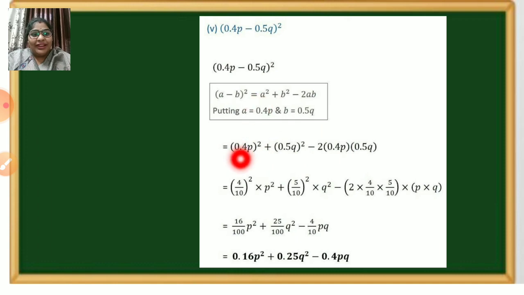Here a square is nothing but 0.4p whole square. b square is 0.5q whole square and minus 2ab is nothing but minus 2 into 0.4p into 0.5q.